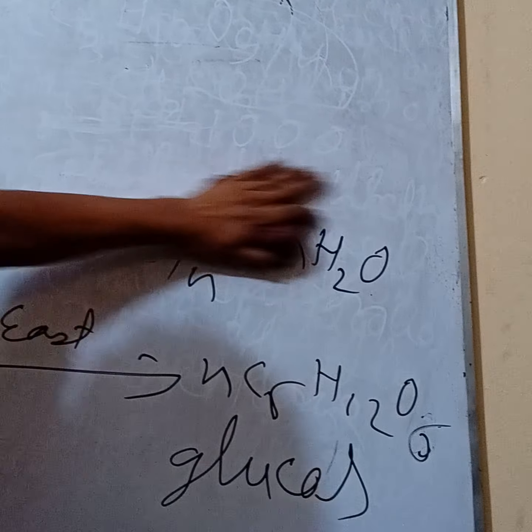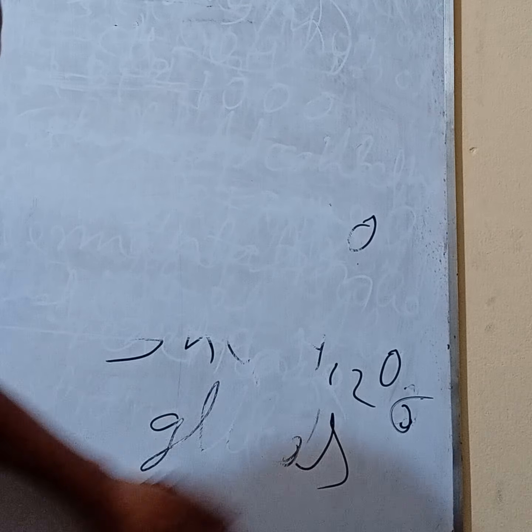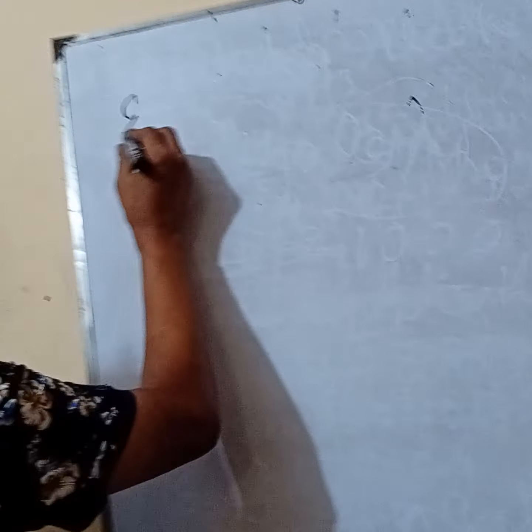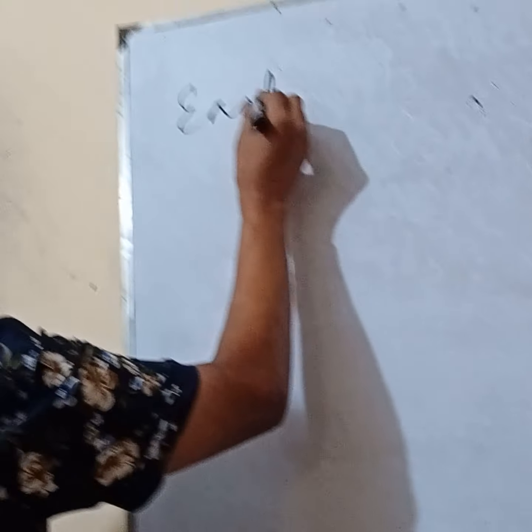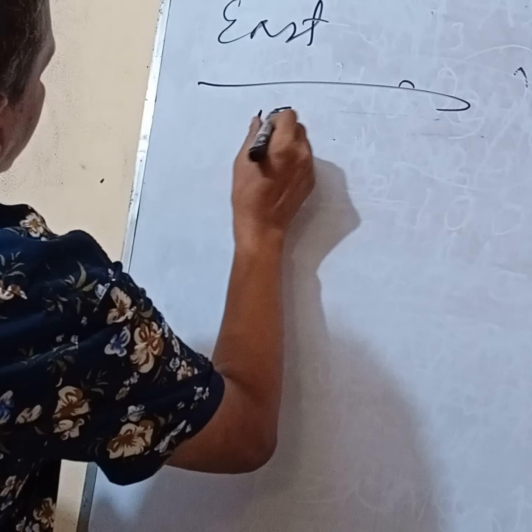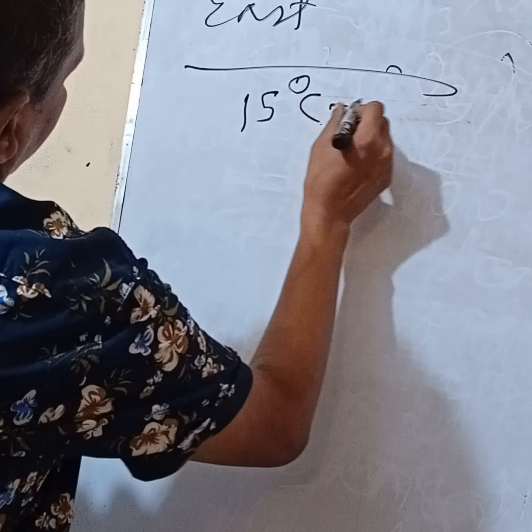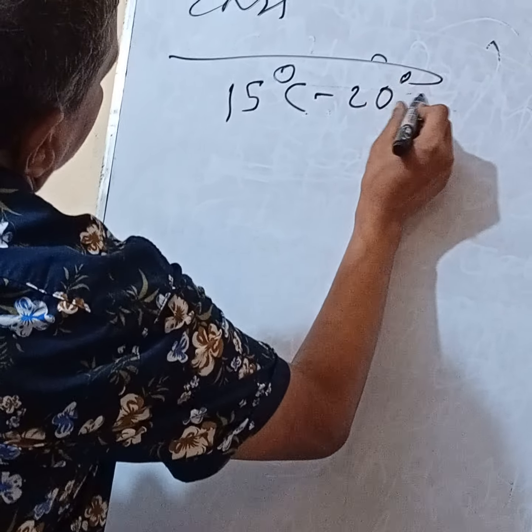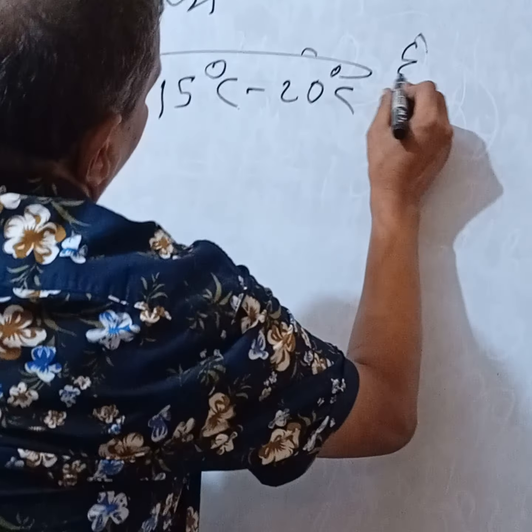Then yeast. Why is yeast used? For enzymes. When the temperature is maybe 15 to 20 degrees Celsius, the yeast secretes enzymes.